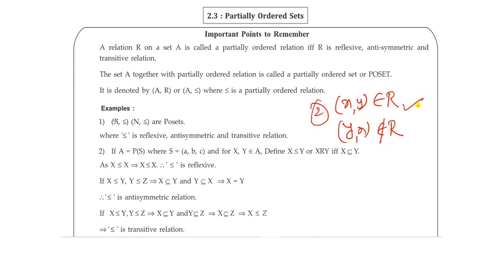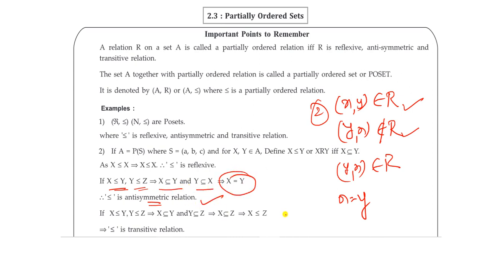Or we can also say that if (y, x) belongs to R, in case (y, x) belongs to R, then x equals y. See the antisymmetric relation: x less than or equal to y, y less than or equal to x, x subset of y, y subset of x, then x equals y. That is an antisymmetric relation. So the condition is (x, y) belongs to R and (y, x) does not belong to R, then we can say that R is antisymmetric.